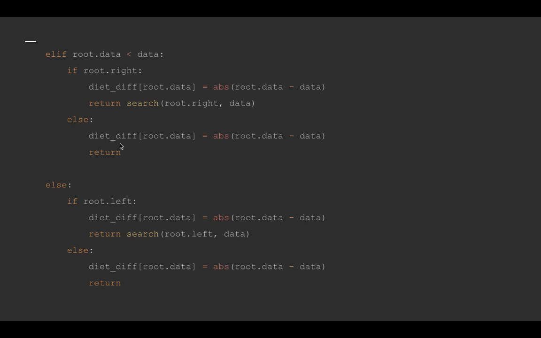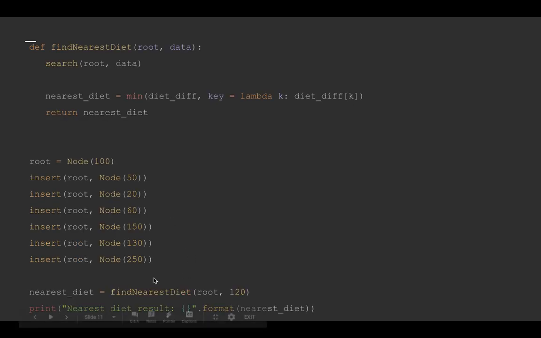It doesn't have any children, but we still want to store it in the dictionary. That's why we are doing this, and we are returning nothing, but we are returning ourselves from this function.